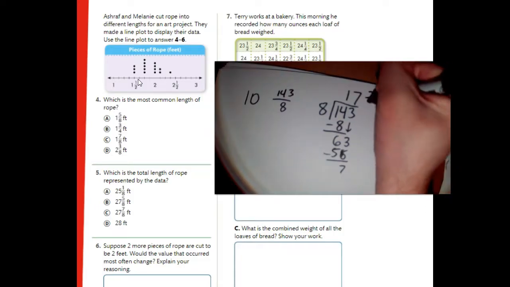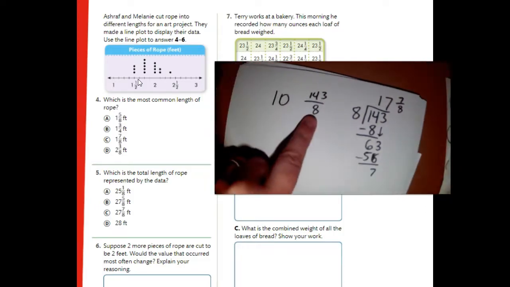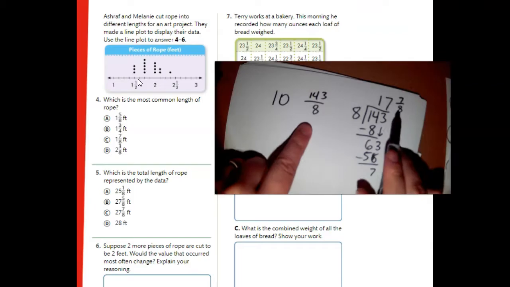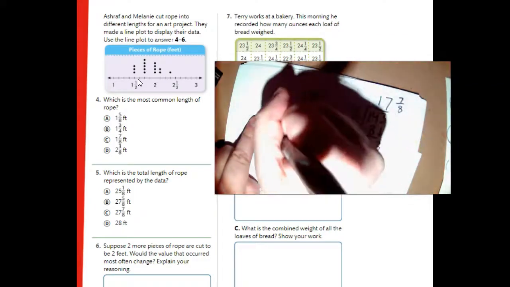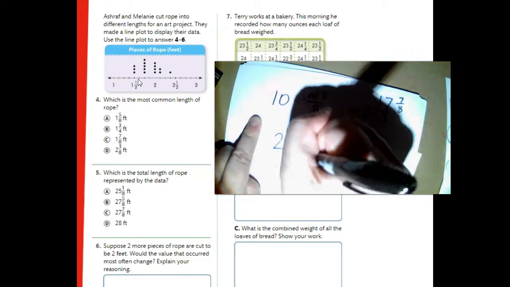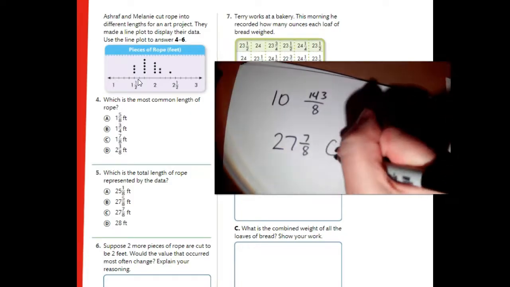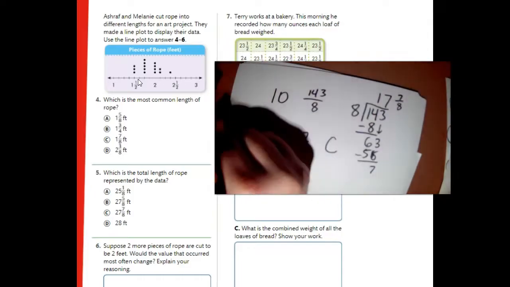That'd be 7/8. So 143 over 8 is actually 17 and 7/8. I'll add that with the 10. I come up with 27 and 7/8. Now, if you look at all your options, boy, that was a lot of work, right? But it's just adding. Got to get those common denominators. We see option C says 27 and 7/8. So option C.